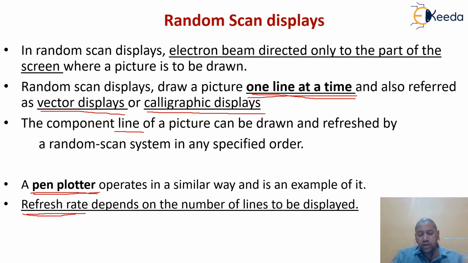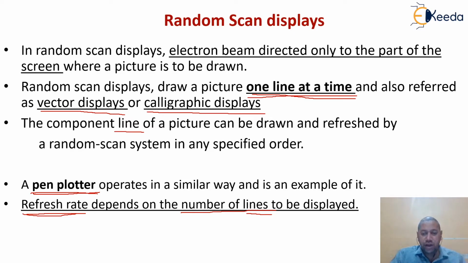If I have fewer lines, there is no need for such a high refresh rate. Whether the refresh should be 30 times per second, or maybe 60 times per second, depends upon the number of lines we are going to display on the screen. So this is the major difference between raster scan display and random scan display.